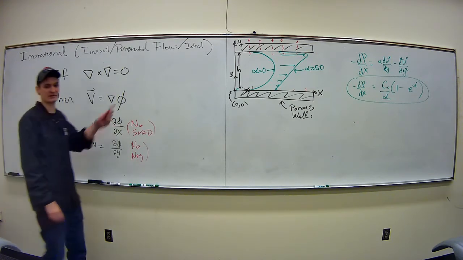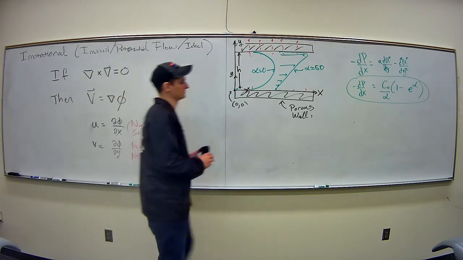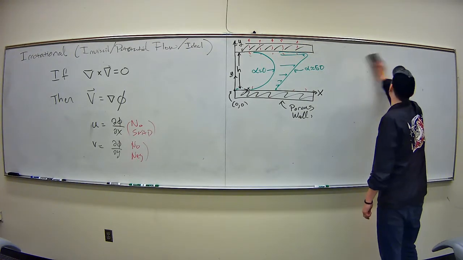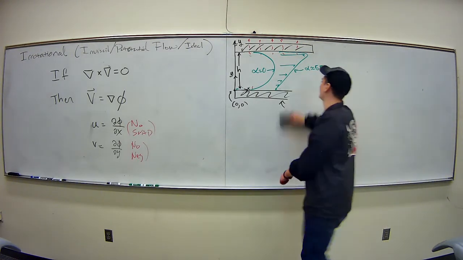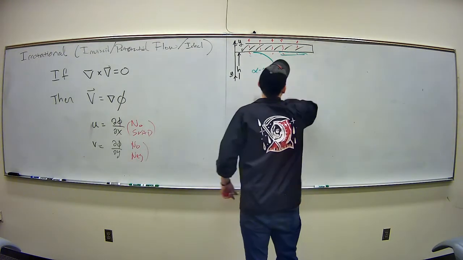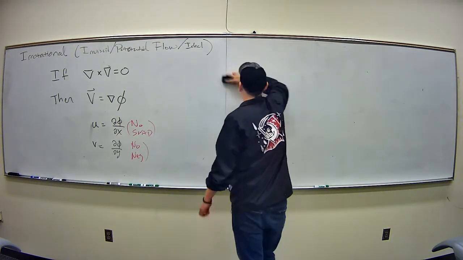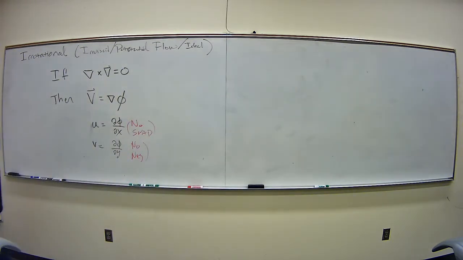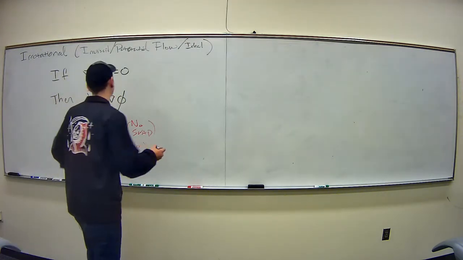I will test you on that, the difference of the stream function and a potential function. The stream function is special because of that negative sign and the swap of the derivatives, because that type of formulation automatically satisfies continuity. So you throw away one equation because it's already solved.